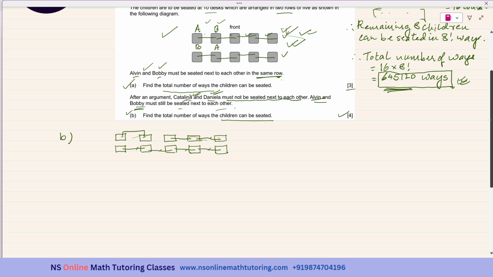So this is when Alvin and Bobby are placed at 2 corner seats. There are 6 options for Catalina and Daniela to be seated next to each other. And Alvin and Bobby can occupy the corner seats in 4 ways. These two, or these two, or these two, or these two.